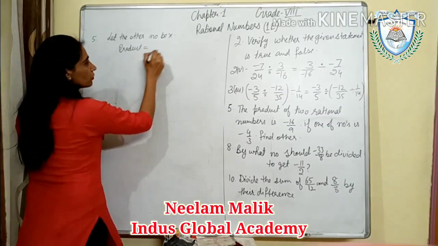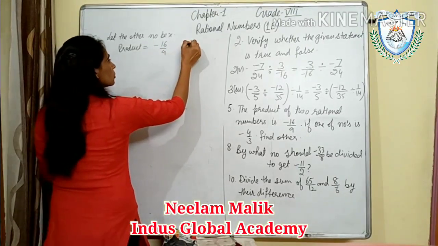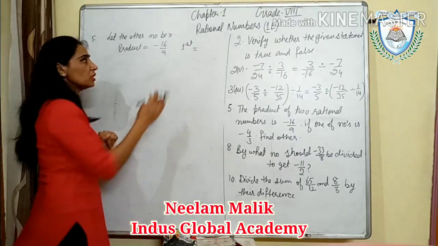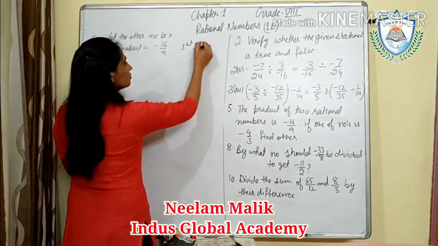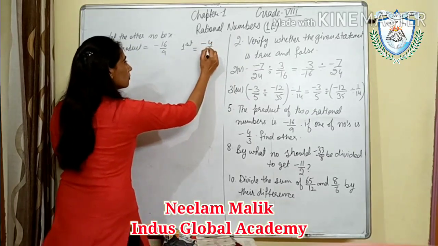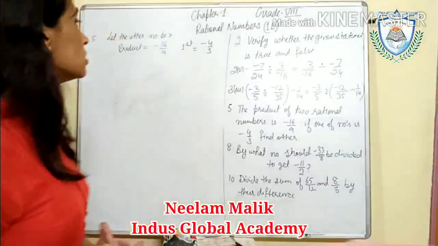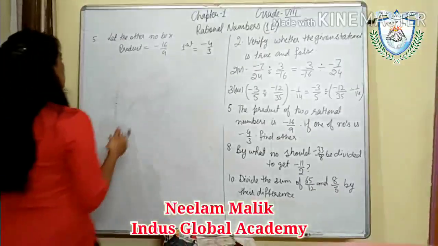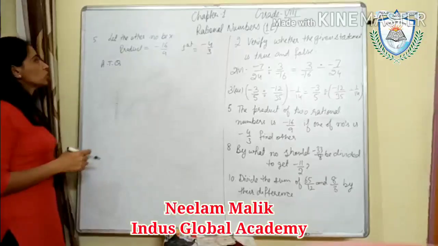Product is equal to minus 16 upon 9. Okay, so the first number is also given, or you can say one of the numbers, that is minus 4 upon 3. Okay, so now we will do according to the statement, according to the question. So we will write here ATQ, that means according to question.